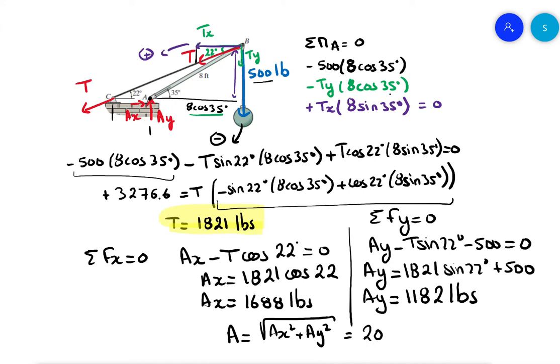That's 2060 pounds, so 2.06 kilopounds. And I think that's it. We found T, and we found the force at A in the pin and the force T in the cable that are the same as this one and this one. Remember, we can slide our forces. That's it. Bye-bye.